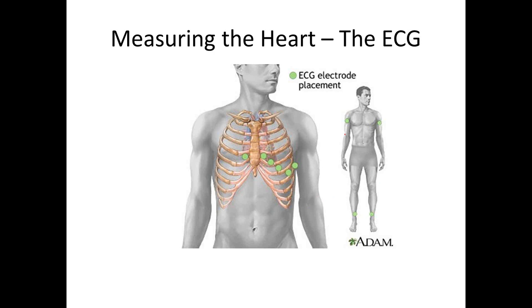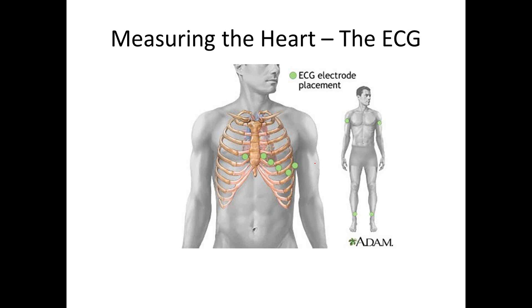Now this is just a diagram to show you where we place the electrodes. So 1, 2, 3, 4, 5, 6, 7, 8, 9, 10, and you can have a 12 or 15 lead ECG, remembering that the lead doesn't mean a wire, it means the reading of electrical activity at different parts of the body.